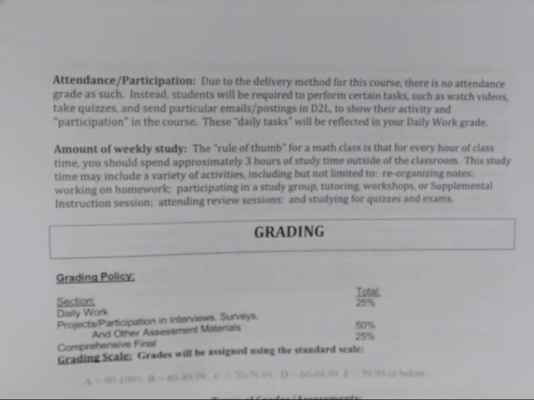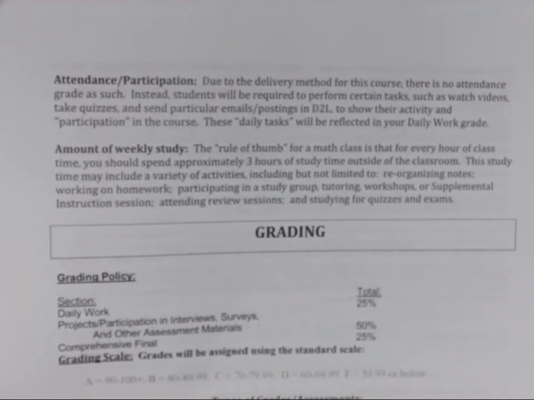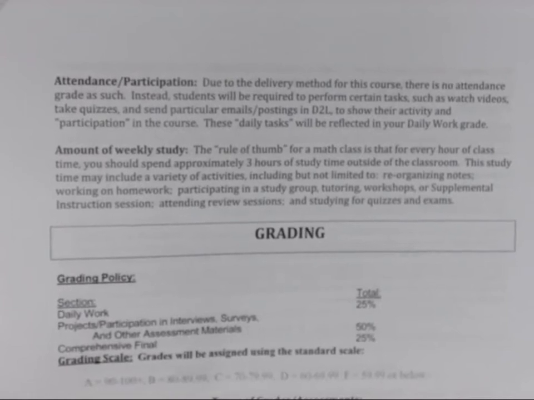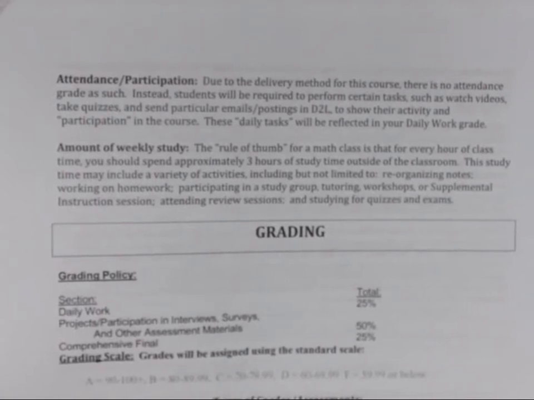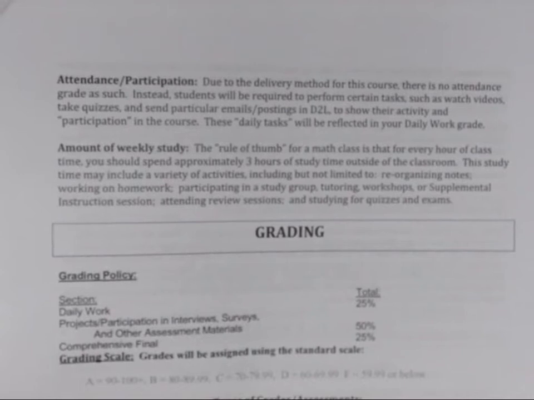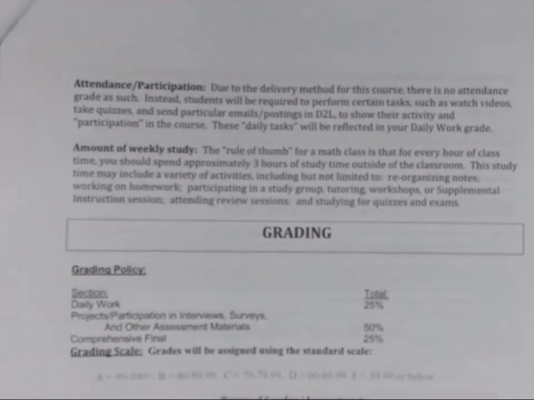We're not going to spend that much time per se. However, there are a couple of projects in here that will take you some time. So we're not going to be doing that much in instruction time. I won't be doing 8 hours a week of instruction time with you. However, you will be working in this course. It's not a blow-off course. There are things for you to do.